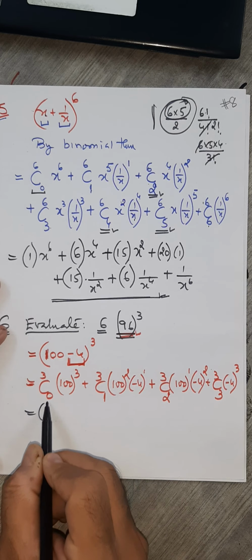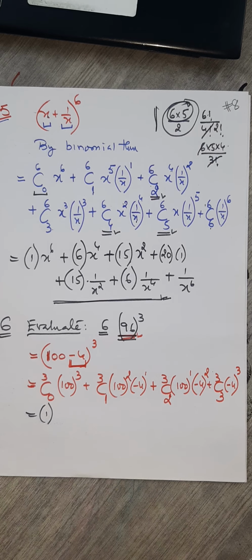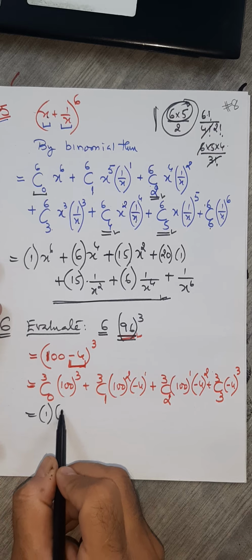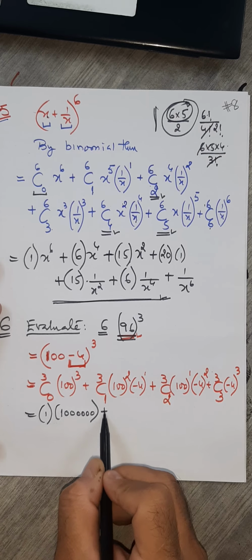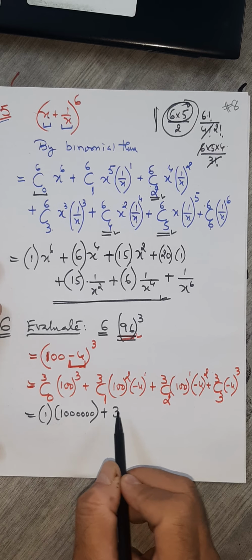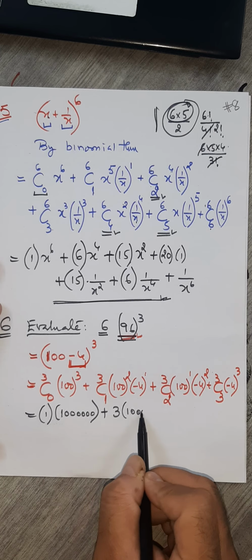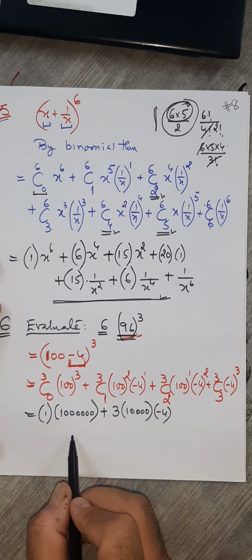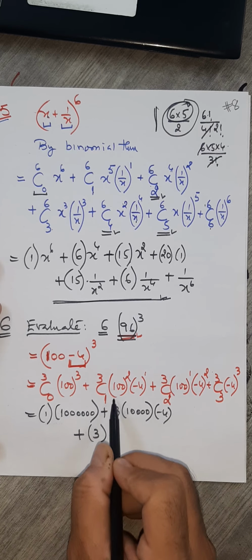3C0, it is 1. Now 100 cube, that is just 1 followed by how many zeros? 6 zeros. That 3C1, you know it is 3. Right? Here 1 followed by how many zeros? 4 zeros, because you have squared, into minus 4. What is 3C2? 3C2 is the same as 3C1, and which is 3.